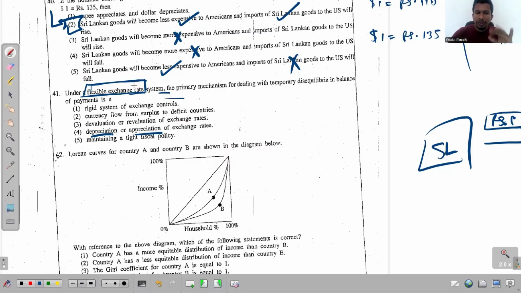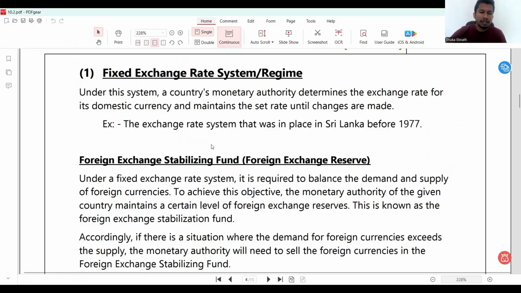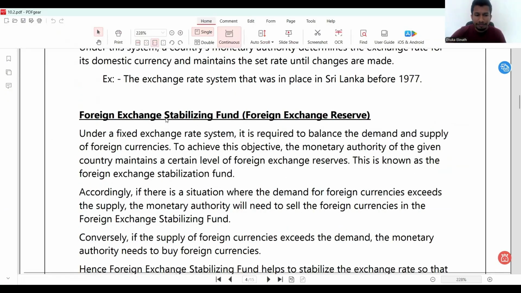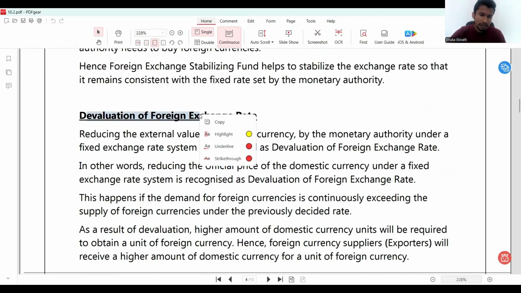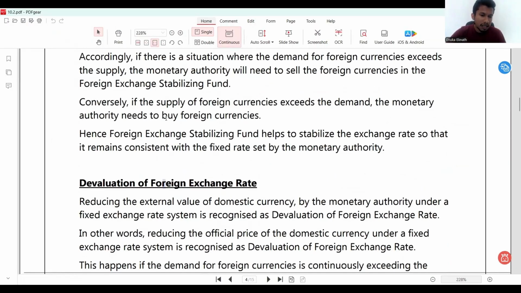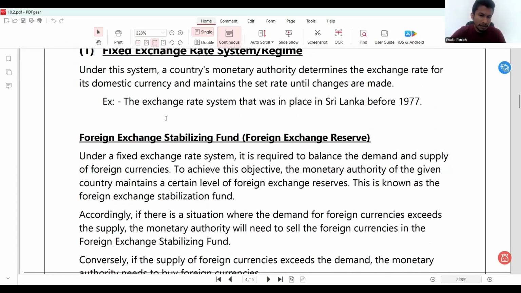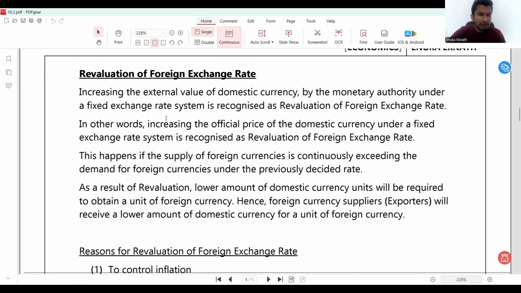So let me show you that in the relevant theory note, the way that we use those terms. So this is the fixed exchange rate system. What are the words we use there? Devaluation. This term comes under fixed foreign exchange rate system. And now look at this one, revaluation, even that comes under the same topic.